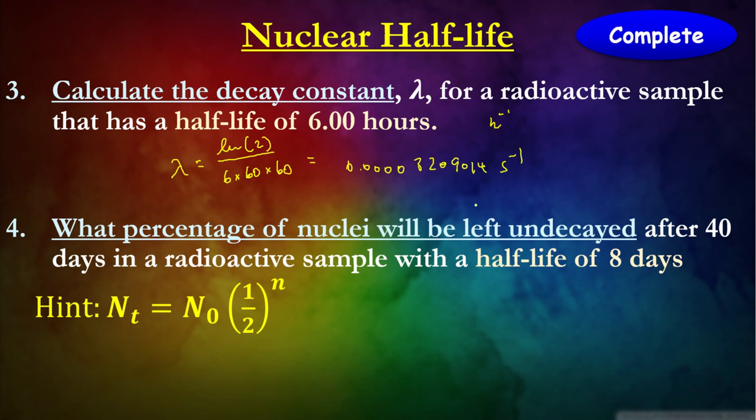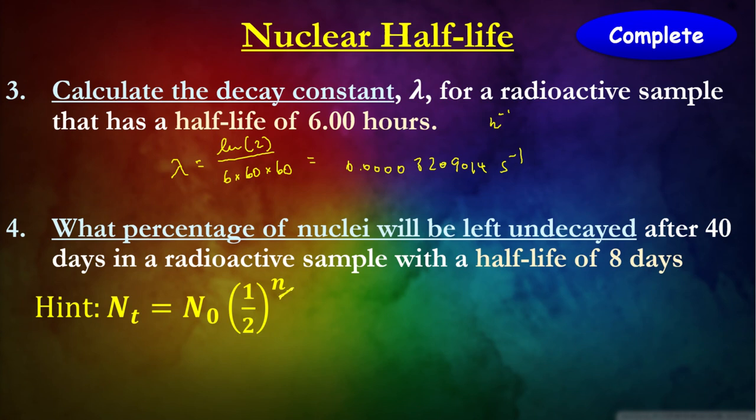Next question we have is, what percentage of the nuclei will be left undecayed after 40 days in a radioactive isotope sample with a half-life of 8 days? We can use this equation here.